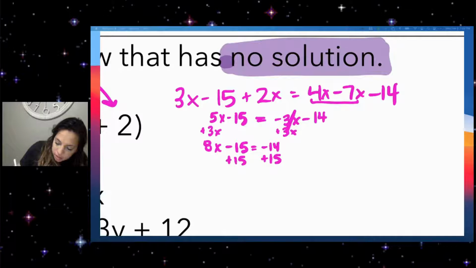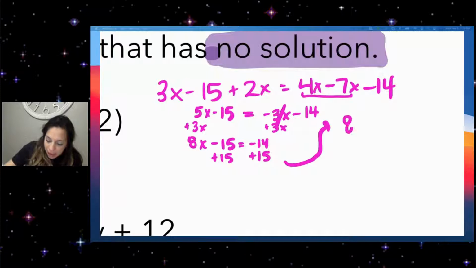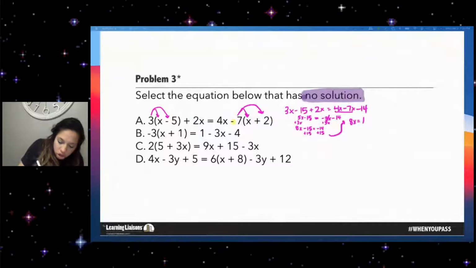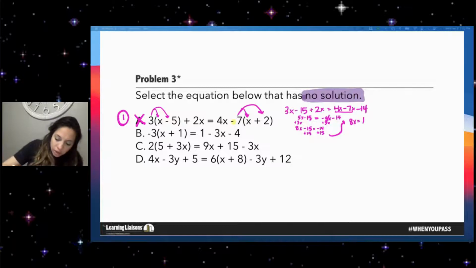And I'm actually going to stop right there because I realize I'm going to get an answer. I'm going to get 8x equals 1. Divide both sides by 8, but I don't need to know the solution. I just need to know if there is a solution. And in this case, we have one solution, not no solutions. So A is out.